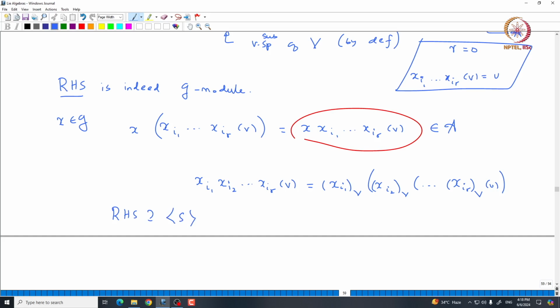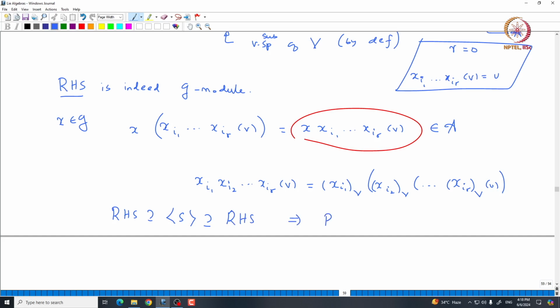Now, if we take any vector v in capital S and keep applying elements of G, then the resulting elements must lie inside the submodule generated by S. It is easy to see that. So, the submodule generated by S contains the right hand side.